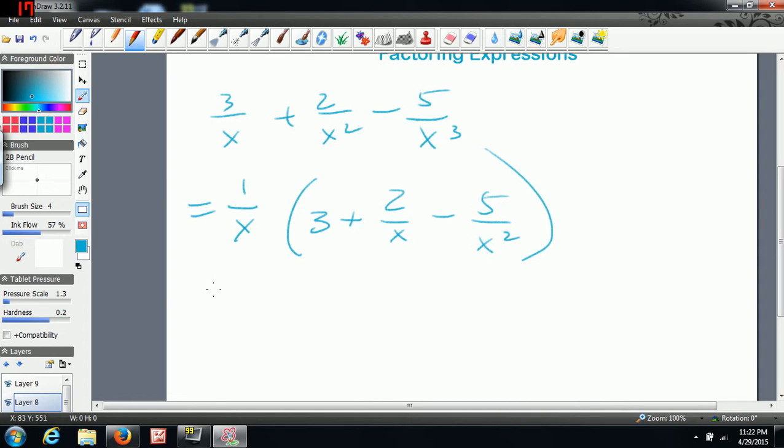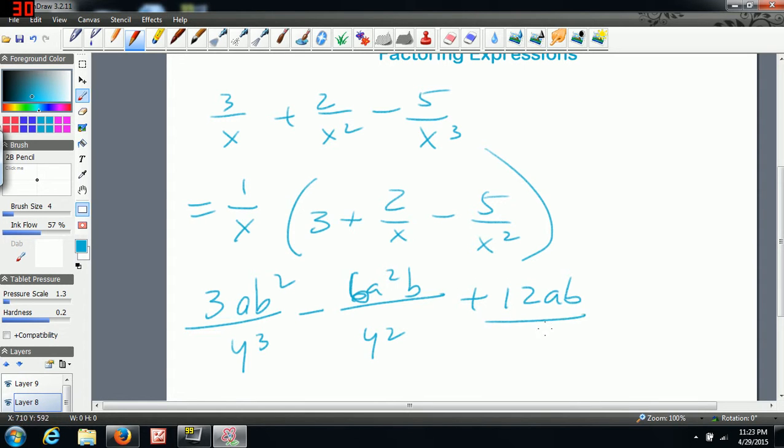What if we had something like this? 3ab squared over y cubed minus 6a squared b over y squared plus 12ab over y.